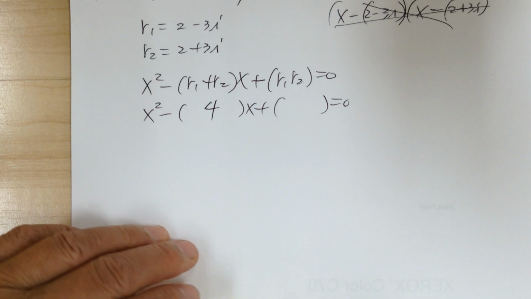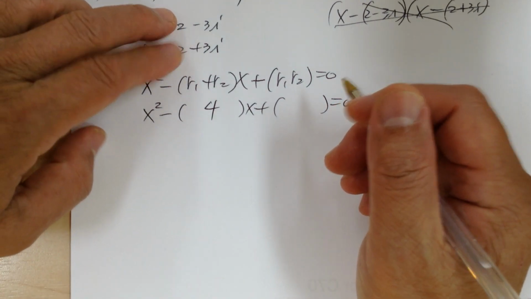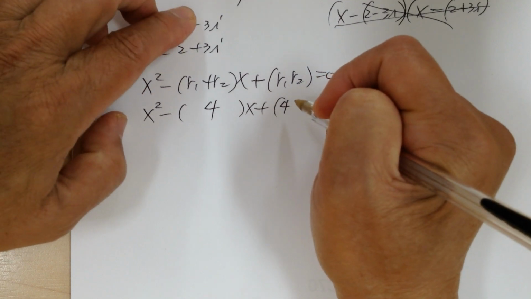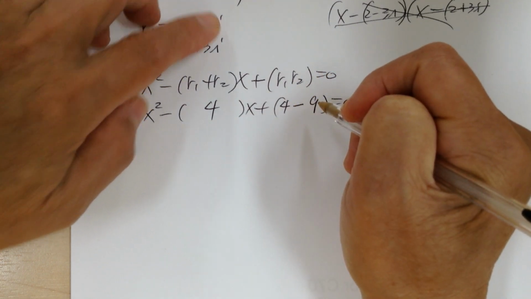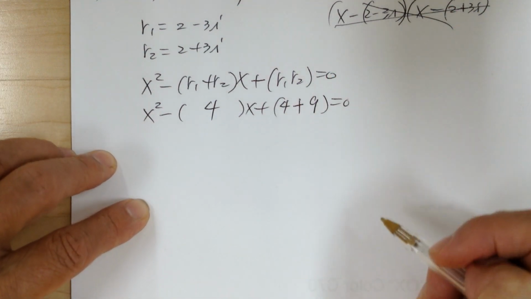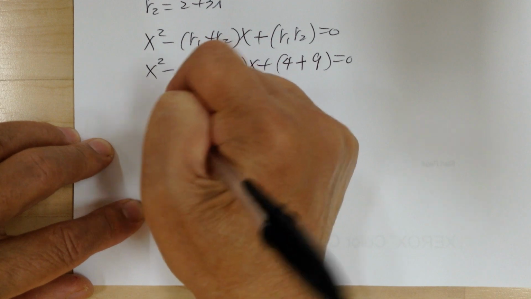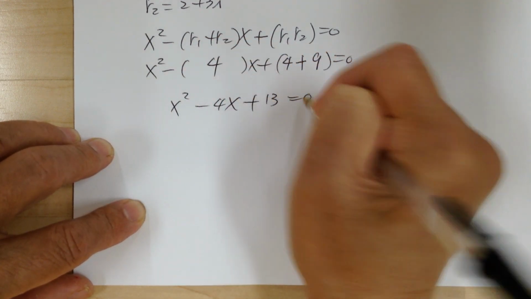When you're doing a multiplication, you just multiply the corresponding parts. So 2 times 2 is 4. Negative times positive is negative. 3 times 3 is 9. i times i is negative 1. So negative 9 times negative 1 becomes plus 9. So from this part, you're going to get x squared minus 4x plus 13 equal to 0.